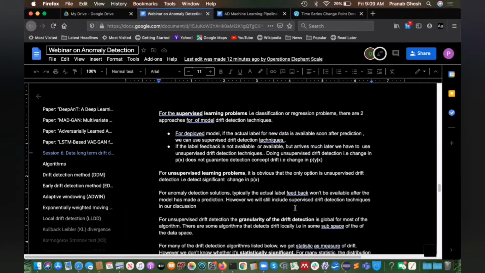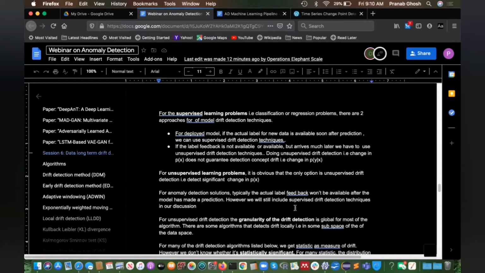So for a supervised learning problem, there may be some issues in detecting drift, because once the model is deployed and it's making predictions, to be able to detect drift, you actually need the actual label of the data as feedback.